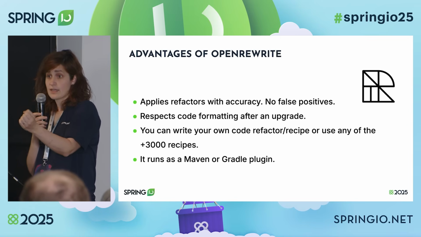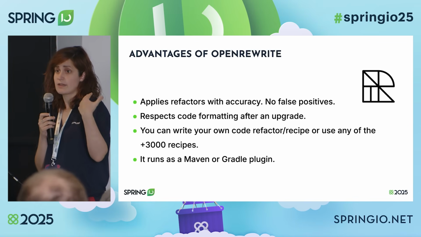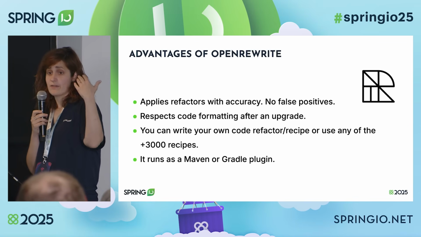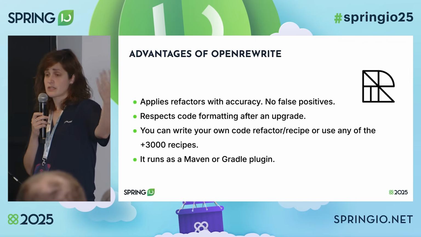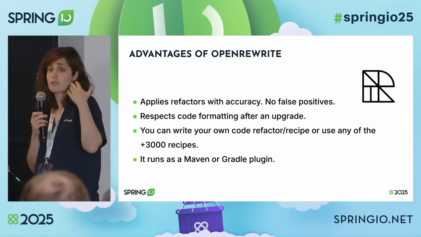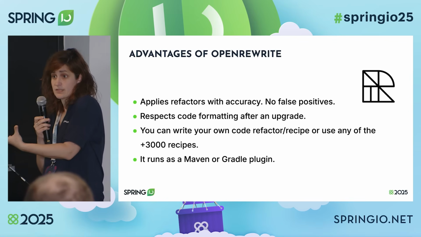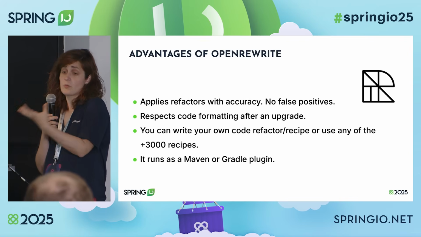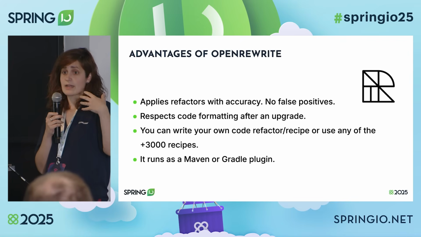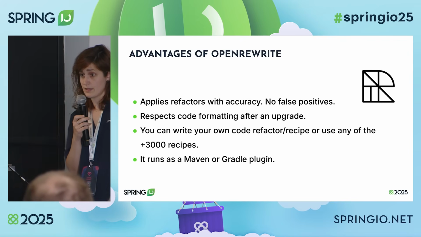Therefore, it lets you program or define the way that you want to change your software, and do that with accuracy. If you remember when you execute Checkstyle or PMD or even SonarQube, there is the chance to have false positives. That's the main reason: they don't have this type inference as part of it. With OpenRewrite, you can program your refactors and get the same experience as if you were doing that with the IDE.